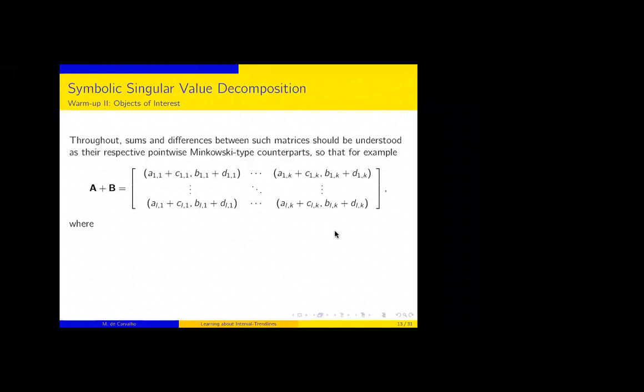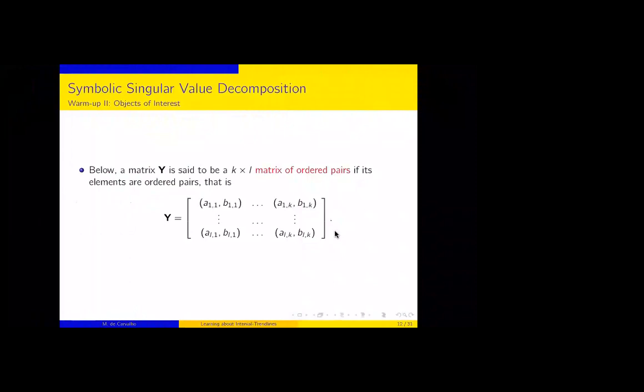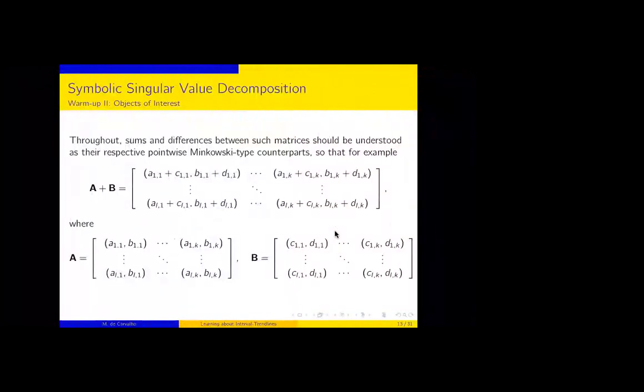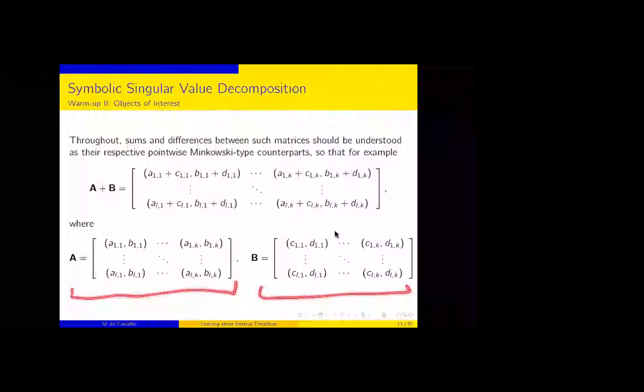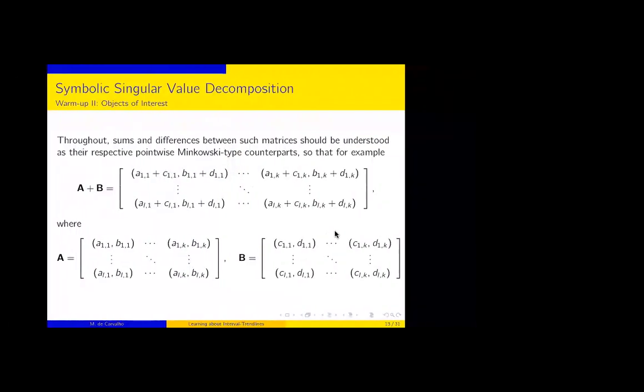So this is the geometry we'll keep in terms of the matrices of ordered pairs that were introduced here. Both A and B are also matrices of ordered pairs. So we add them up. It's still a matrix of ordered pairs.